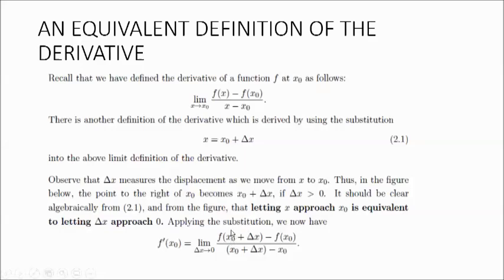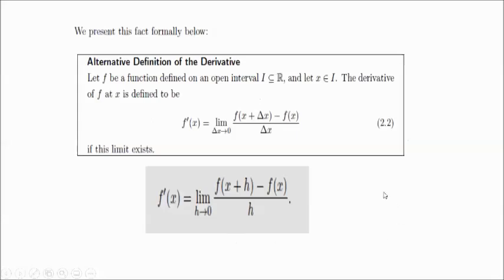So kung maiwan si delta x, magkakaroon na tayo ng ganito. Gawin nating x na lang itong x sub 0. So ibig sabihin, yung alternative definition ng derivative, class, which is designated by prime, is also this one. Nililimit natin ito as delta x approaches 0.